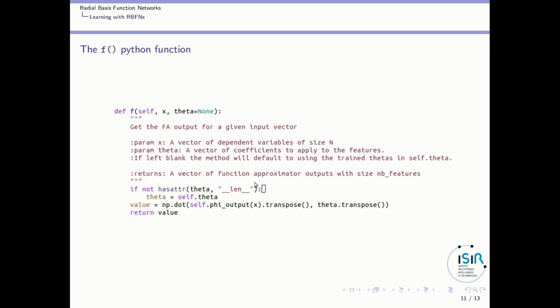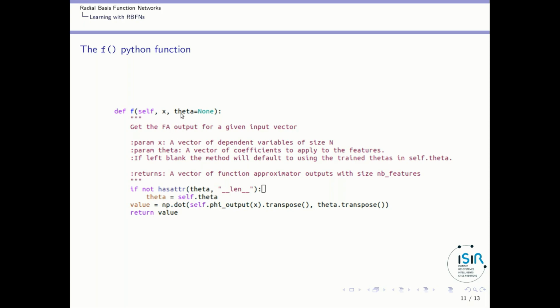And I have defined two useful functions. One is called f, and it tells you what's the value of the RBFN at a particular point x. So that's very easy.